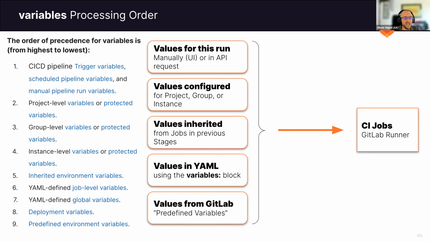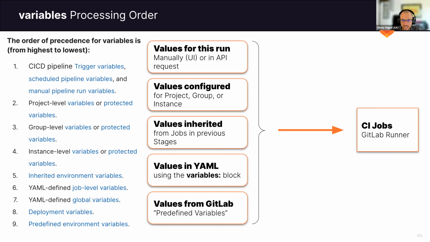Then you have project level variables and group level variables and instance level variables. Basically, we are going from the bottom to the top of your hierarchy. These are variables that you can define at the project level.